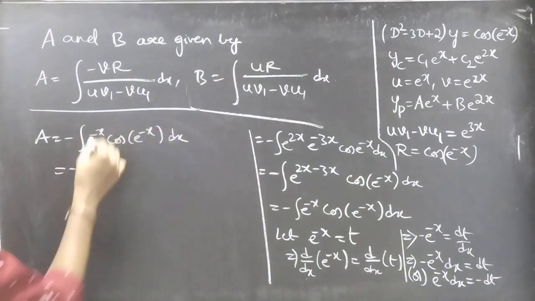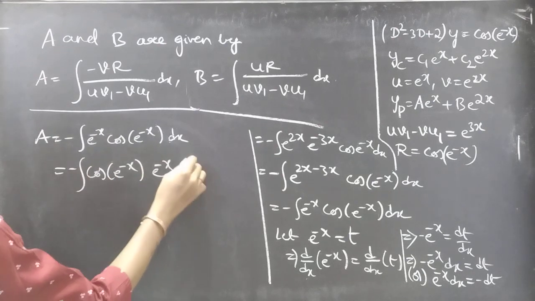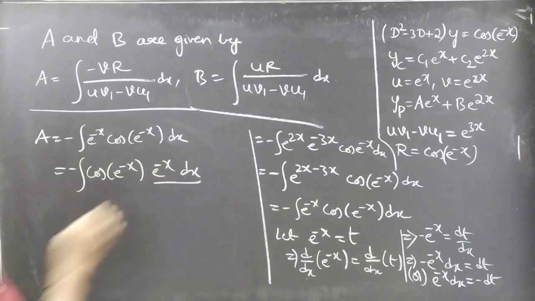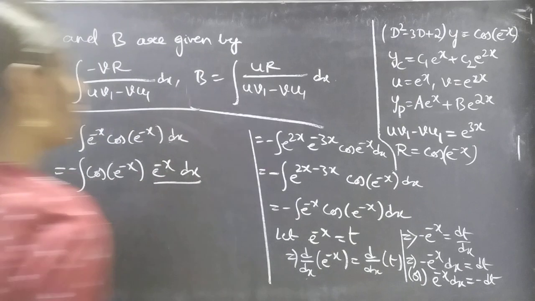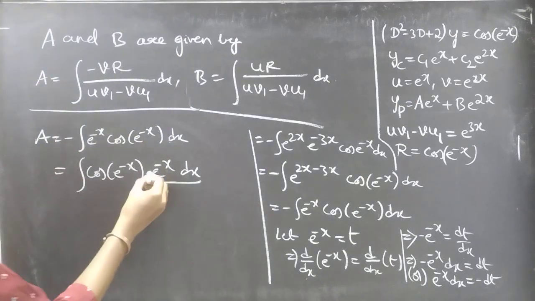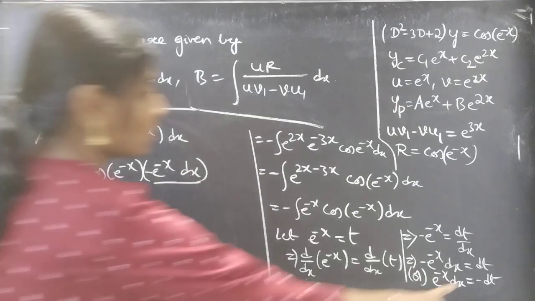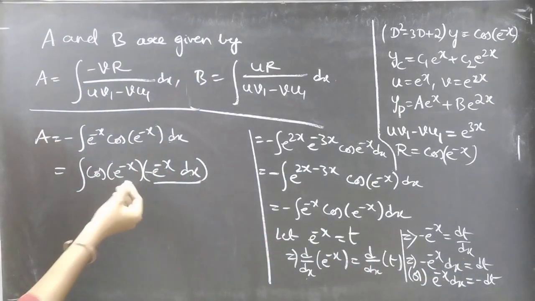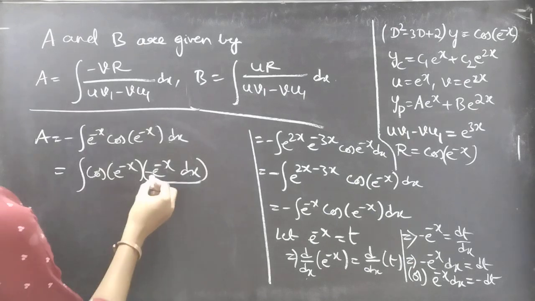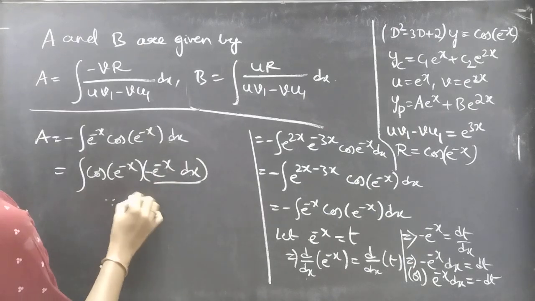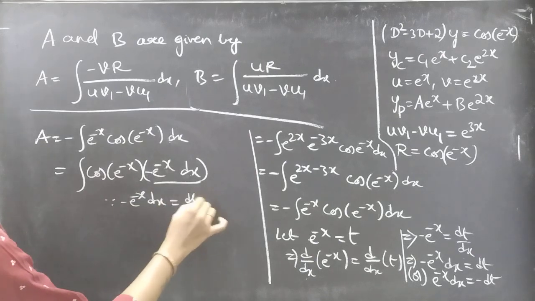So I'll write this as cos e^(minus x) into e^(minus x) dx. In the next step, either we can replace e^(minus x) dx with minus dt, or just take this minus inside the integral and replace minus e^(minus x) dx with dt. I just wrote minus inside the integral, so I'm going to replace minus e^(minus x) dx with dt.